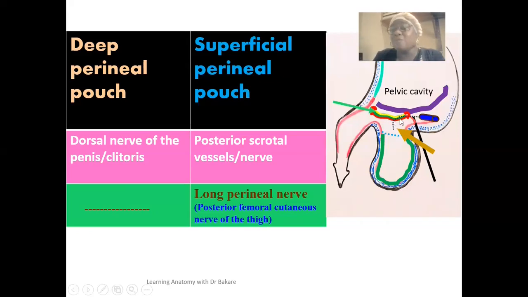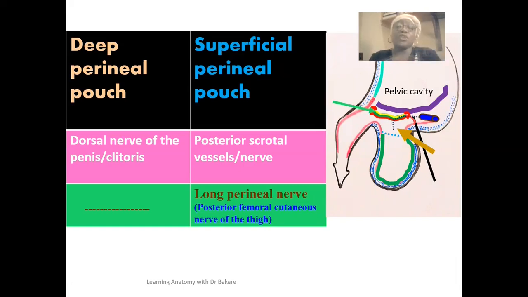Considering this pattern of movement, where they are directed into the deep perineal pouch and you see them turning where they finally pierce through the perineal membrane, which is the inferior fascia of the urogenital diaphragm that inferiorly limits the deep perineal pouch. And as they pierce through this perineal membrane is when they are able to gain access into the superficial perineal pouch. So a vessel that is seen within the deep perineal pouch running through this course will also be seen within the superficial perineal pouch.